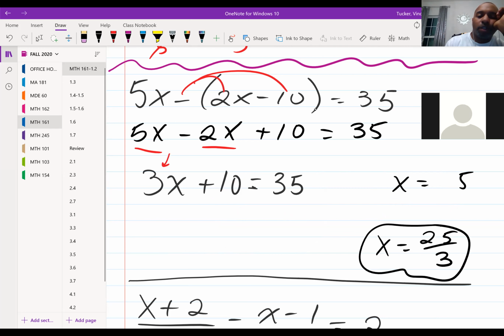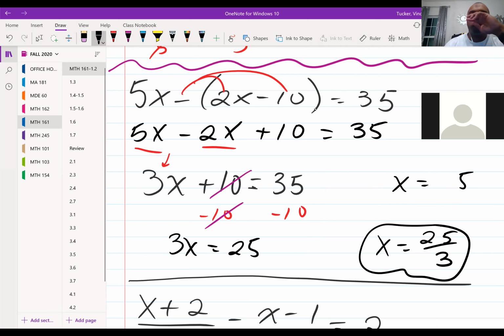All right, so that's 3x plus 10 equal to 35. Subtract 10. 10's cancel on the left, leaving us with just 3x. Then on the right, 25.